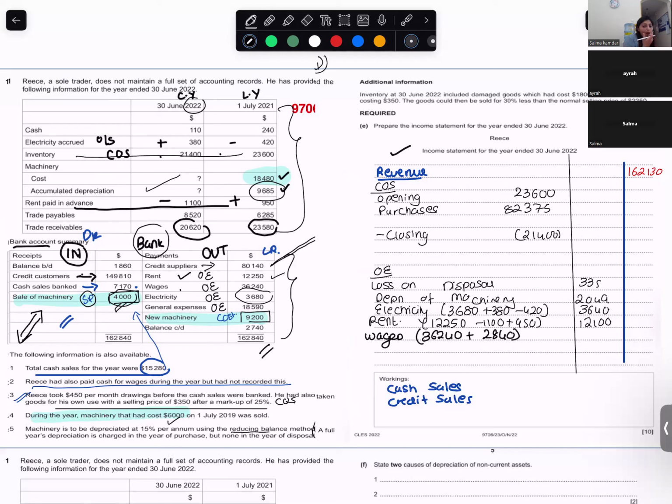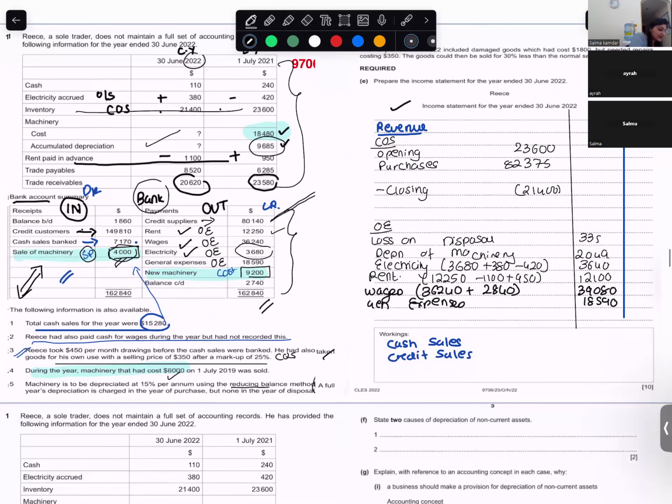Total wages 39,080. Electricity done. General expenses, we'll write 18,590. Now I want you to take some time, work towards this, and then I will.